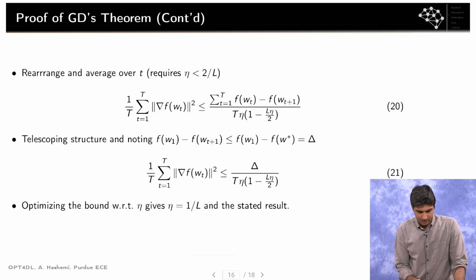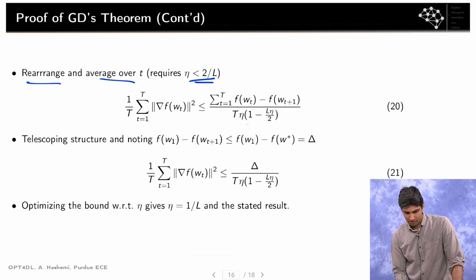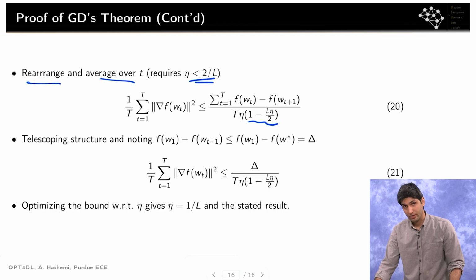We're just going to do some rearranging and then take the average over time. This rearranging requires us to make this assumption because we're going to divide by some factors, notably this part. And if the step size is larger than 2 over L, this factor will be negative. So therefore, the direction of our inequalities are not going to be the way we want them to be.